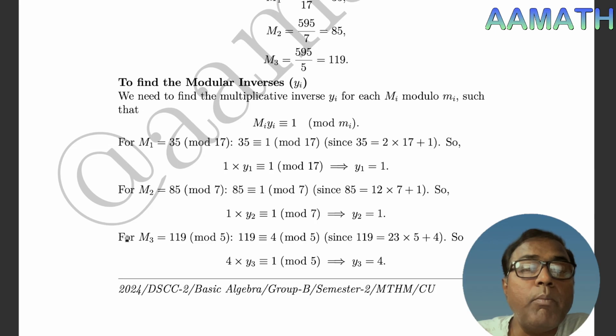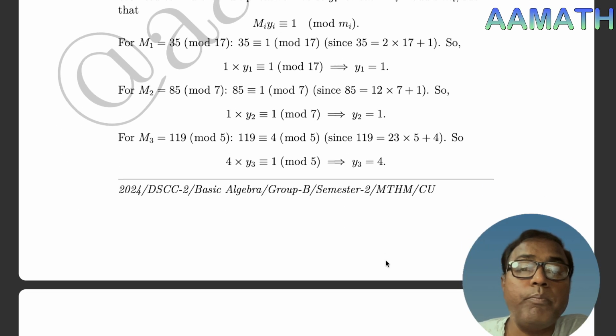Next, for this M3, 119 modulo 5: when we divide 119 by 5, the residue is 4. So 4 into y3 congruent to 1 modulo 5. If we put y3 equal to 4, then 4 into 4 is 16, 16 minus 1 is 15, divisible by 5. So y3 equal to 4.